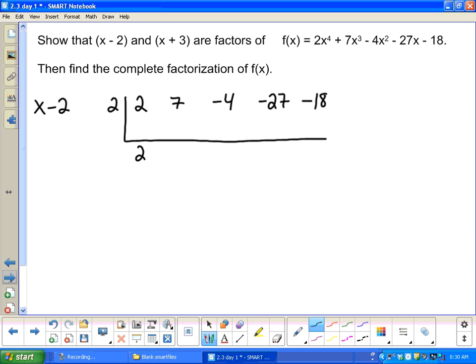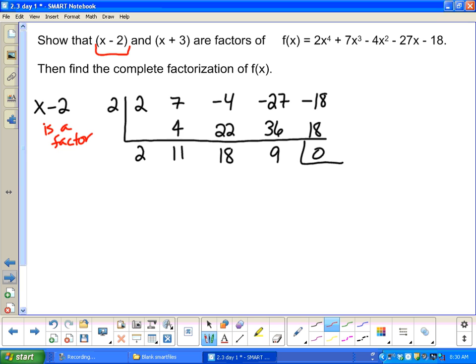Bring it down. Multiply, add, multiply, add, multiply, add, multiply, add. Okay, so it's a 0. So yes, x minus 2 is a factor. Since I tested x minus 2 first, and it says show that they are, we showed that.